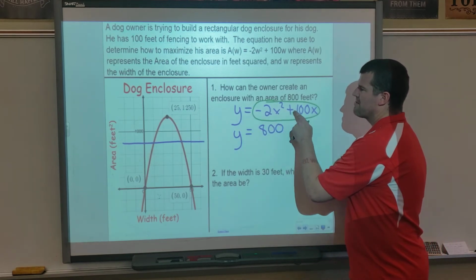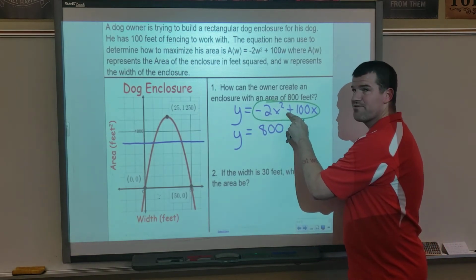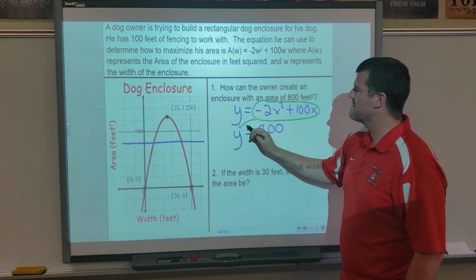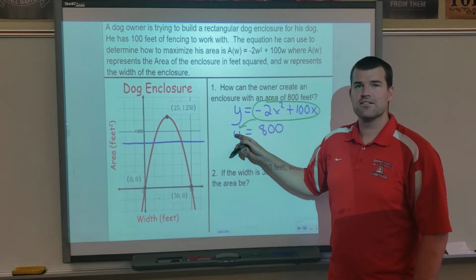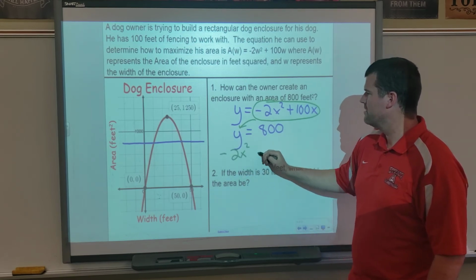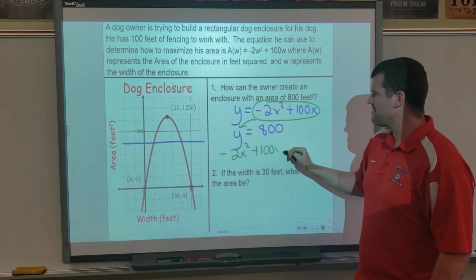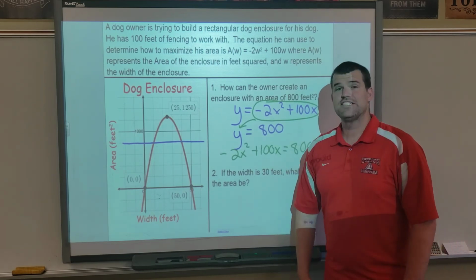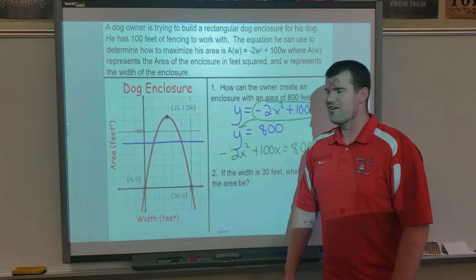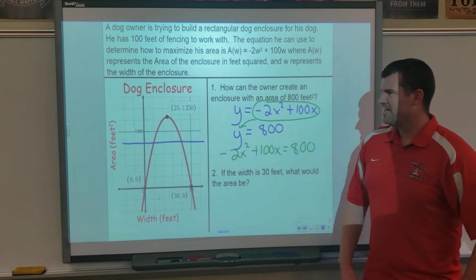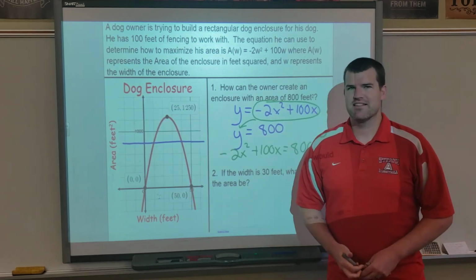If y equals this, where can we substitute this in? Well, since it's what y equals, we can substitute it right there. And we can come up with a new equation of negative 2x squared plus 100x equals 800. And for today, we're not going to solve it, but starting tomorrow, we're going to solve a bunch of these. So this is just to get you understanding how we're going to set these problems up.